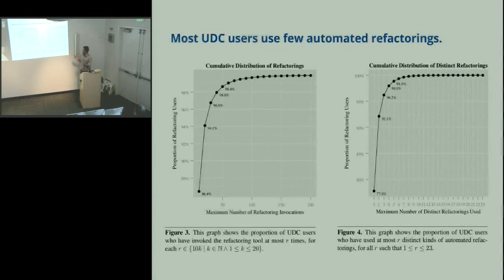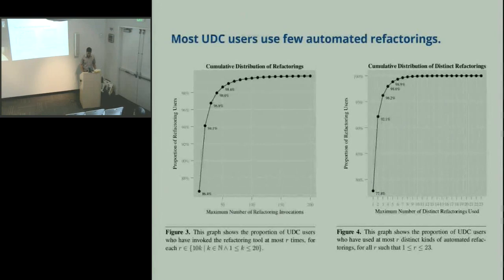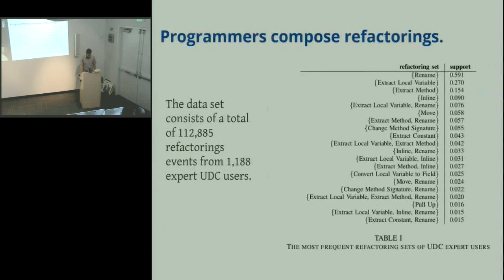So we limited this data set to the expert users, those who invoke the refactoring tool at least 50 times and use at least 5 different kinds of automated refactoring. As a result, we have a total of 112,000 refactoring events from about 1,000 programmers.